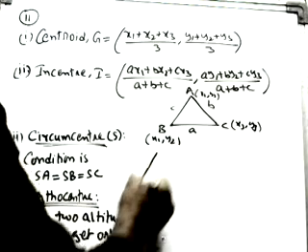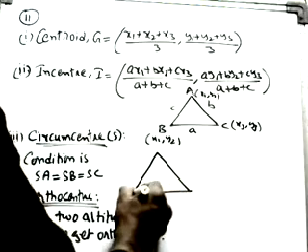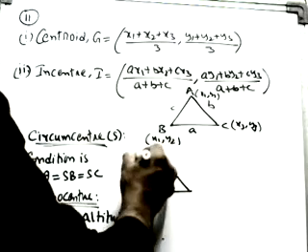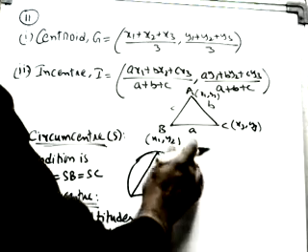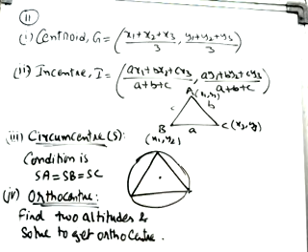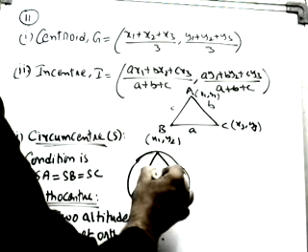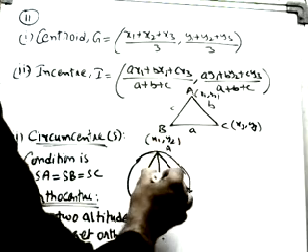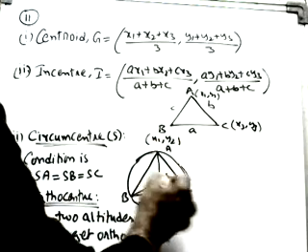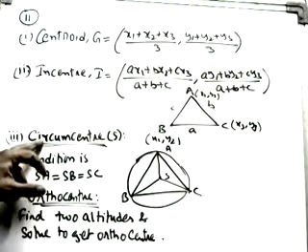Now for the circumcenter there are two methods. I am showing the easy method. Suppose you draw a circle circumscribing this triangle. Then the center of the circle will be the circumcenter of the triangle. Suppose this is S, then the condition will be SA is radius, SB is radius, SC is also radius.